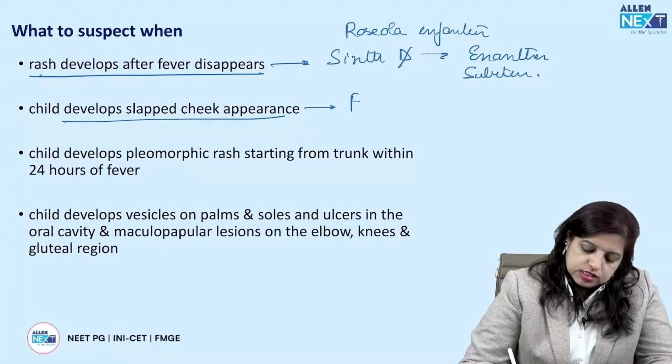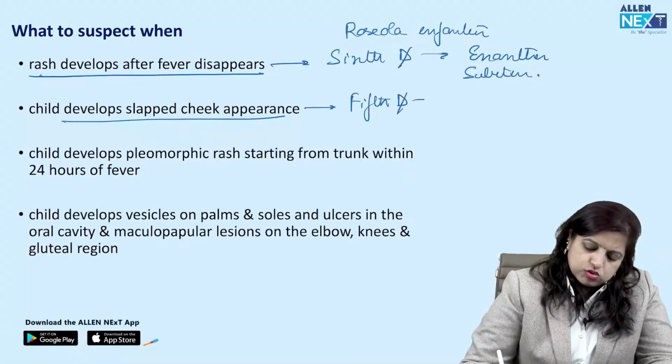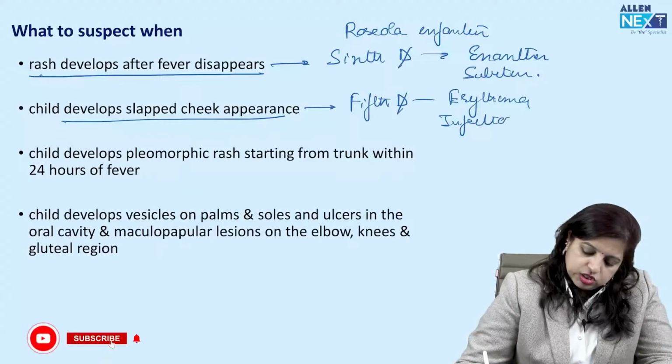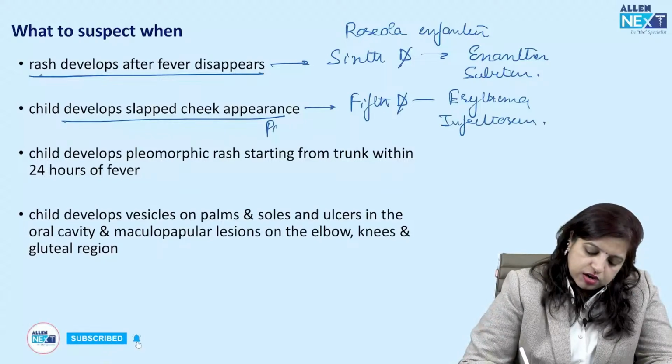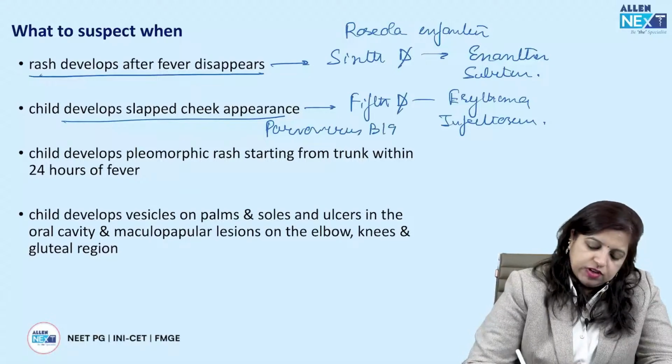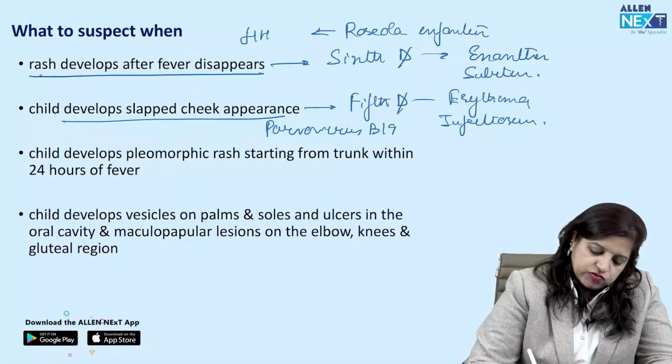We all know this. This is known as your 5th disease, also known as erythema infectiosum, right? The causative agent over here is parvovirus B19, right? The causative agent over here was HHV6.